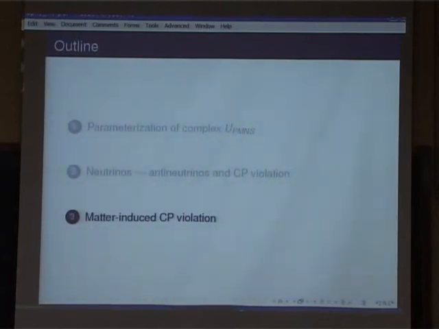So now we have to go forward and look for an experiment which can measure the value of delta. That's going to be our next step. We also need experiments which can measure the value of theta 13 more accurately, and experiments which can tell us the mass ordering, normal or inverted. The sign of delta m square, we don't know.